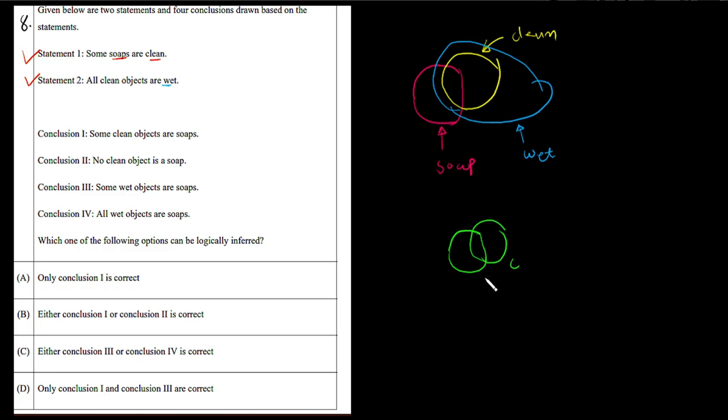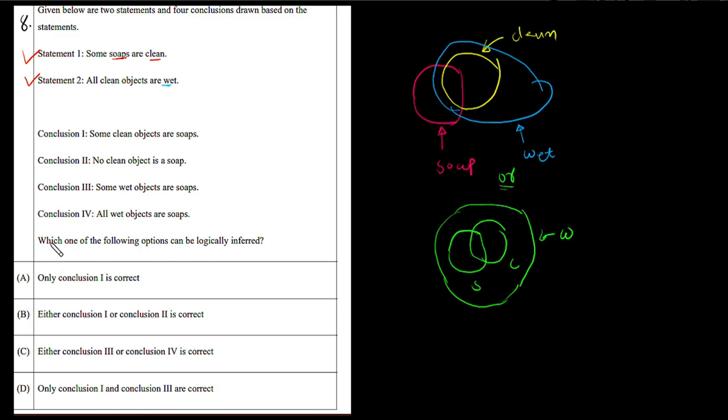So I can simply write C and S. Now I can also draw this circle which represents the wet things in this way also, to include those 2 circles completely in this bigger circle. So I can say this bigger circle represents the wet things. So either this diagram is going to happen or this one.